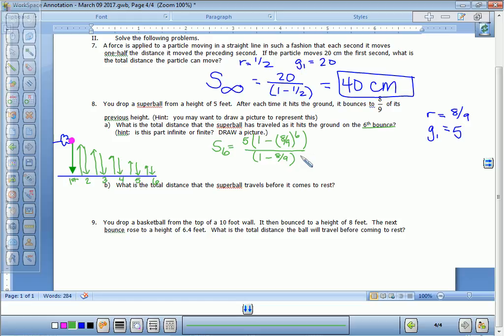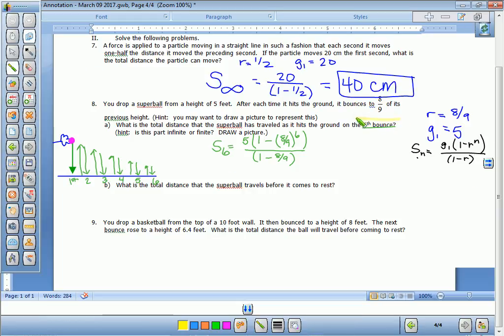Remember, our finite formula is S sub n equals g sub 1 times 1 minus r to the n over 1 minus r. Why do we know that we have to use that formula? Because we're only doing this 6 times. It's not forever. It's not like the other one, how long does it travel before it comes to rest?